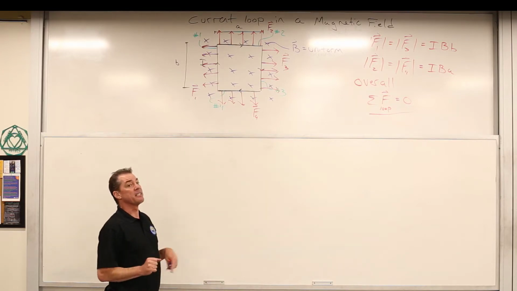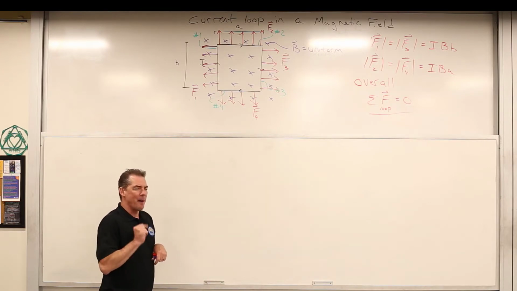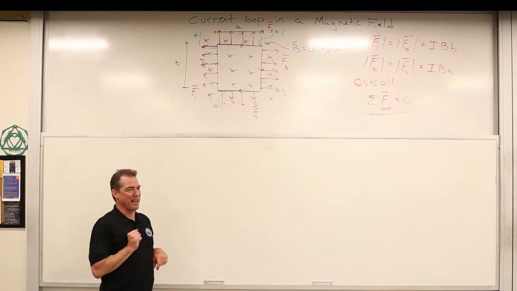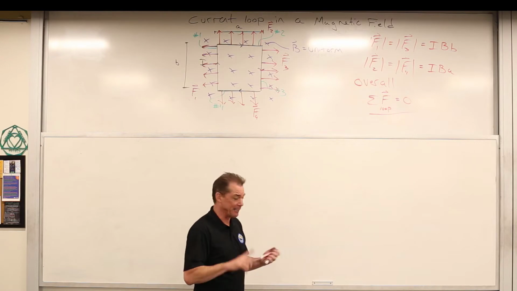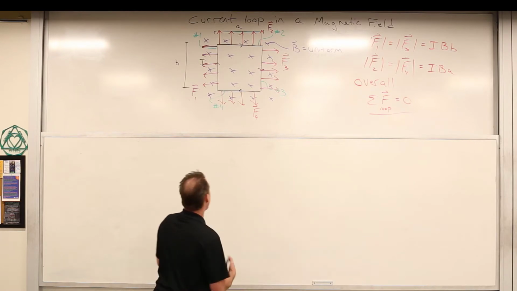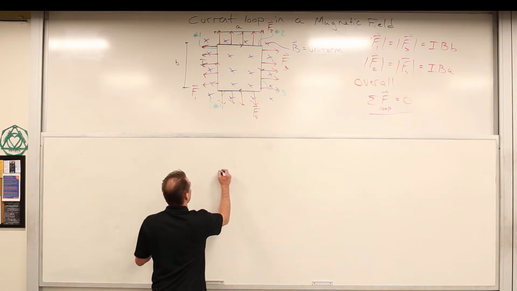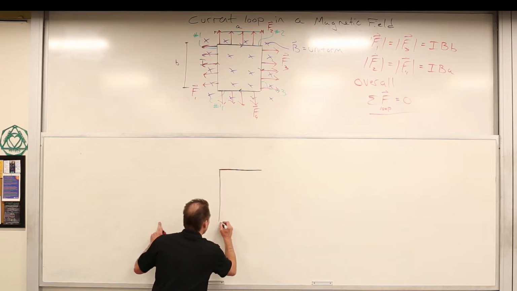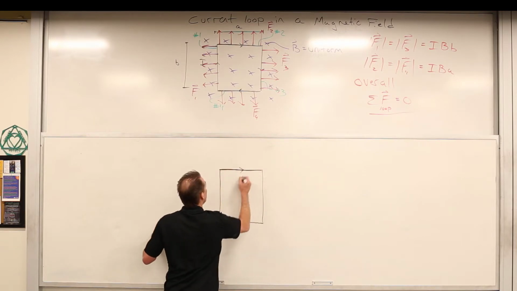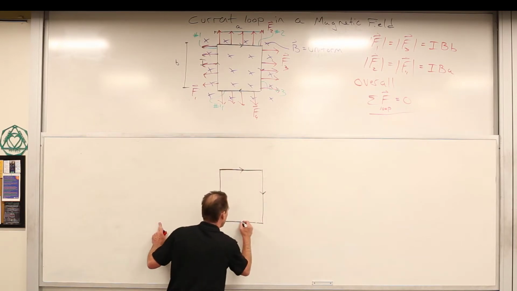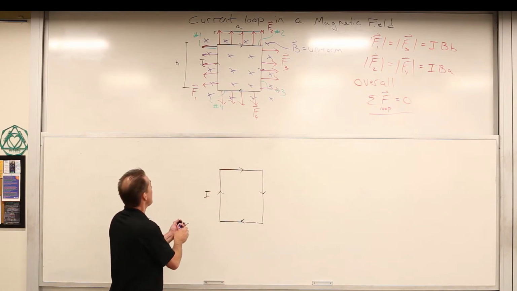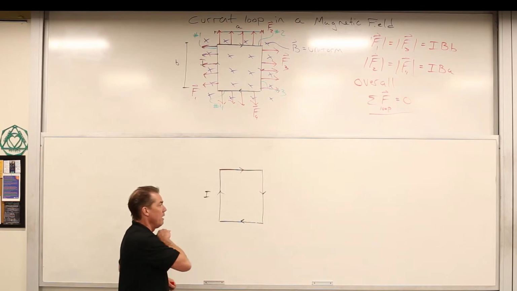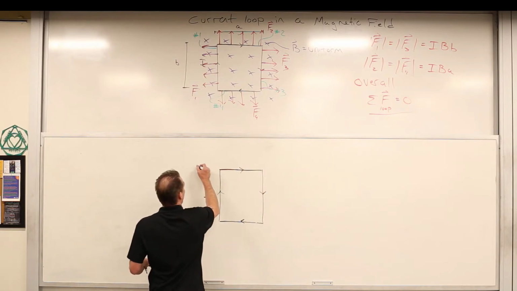So I'm going to take this same current loop, I'm just going to rotate it by 90 degrees, or equivalently rotate the magnetic field's direction by 90 degrees. So I'm going to redraw this out. So we have our current loop here, our current I going through here, and now I'm going to put the magnetic field pointing in this direction.